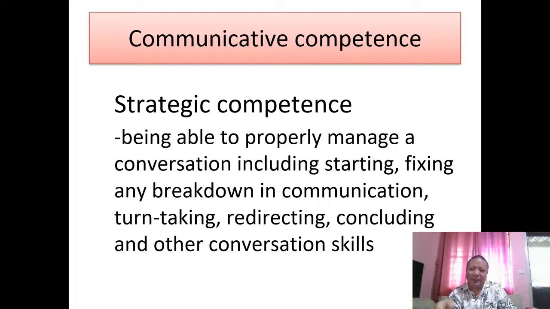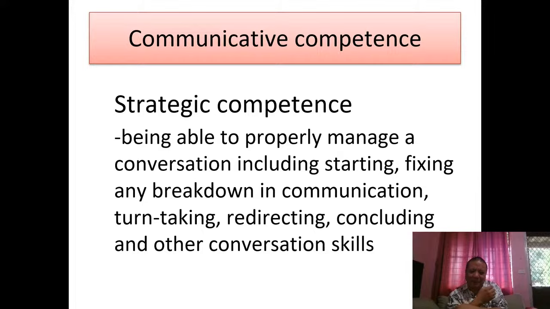So again, communicative competence is being able to say the right things the right way at the right time. And communicative competence involves linguistic competence, social linguistic competence, discourse competence, and strategic competence.